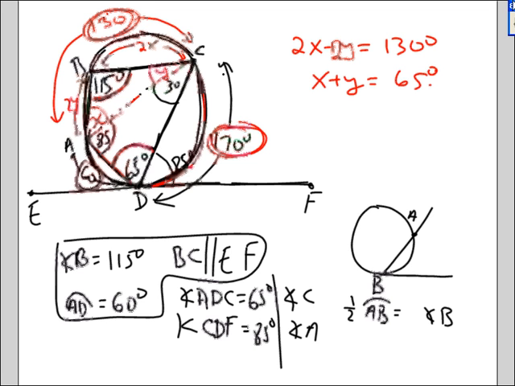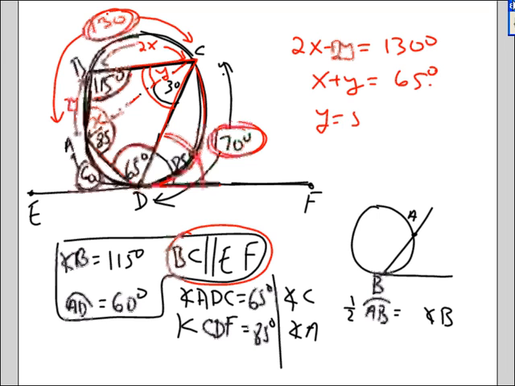Now, the one thing I haven't dealt with is that BC and EF are parallel. Well, here is my Z. This angle and that angle should be the same. Well, 55 plus 30 give me the 85.